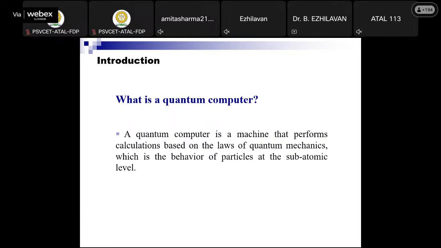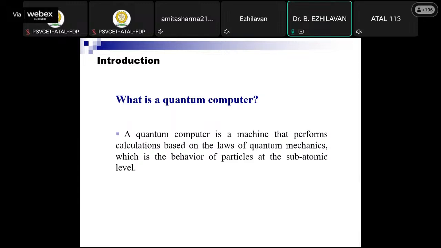Now, what is a quantum computer? Already I told why we are going for quantum computer. Between this 0 and 1, many states are there while shaking that ball. For that we are going for quantum computing, which performs calculation based on the laws of quantum mechanics.